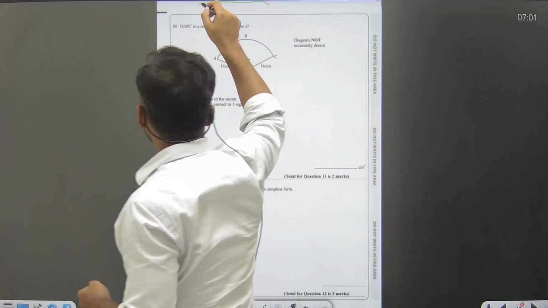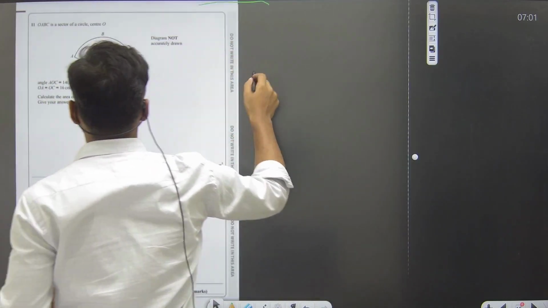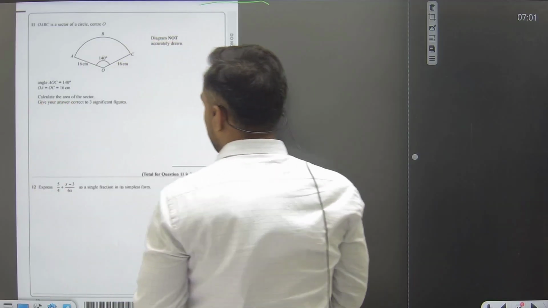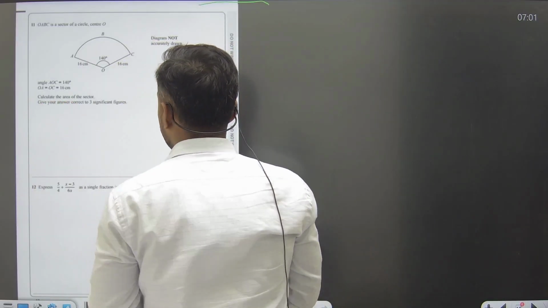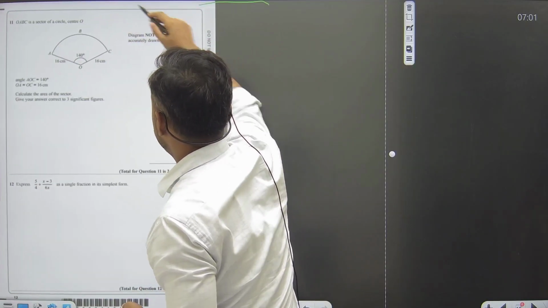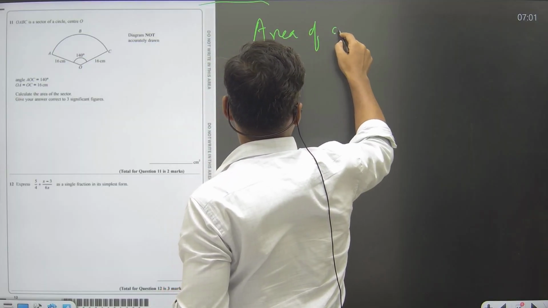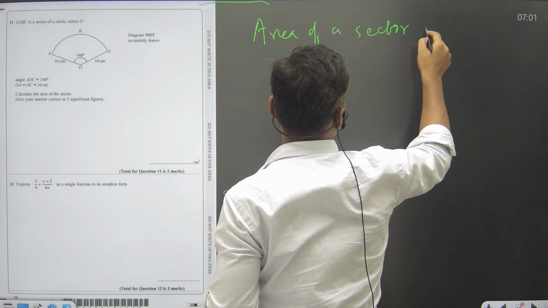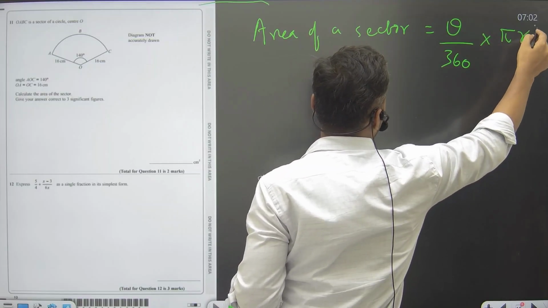OABC is a sector of a circle with center O, and angle AOC is 140 degrees. OA equals OC equals 16 centimeters. Calculate the area of the sector. We know the area of a sector is given by theta upon 360 cross pi r squared.